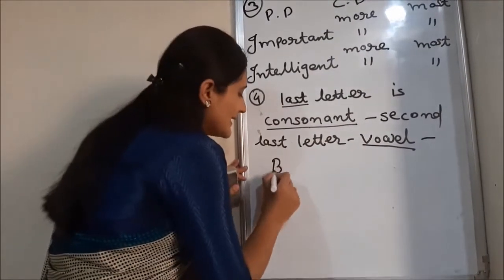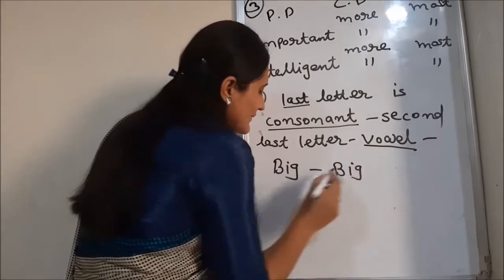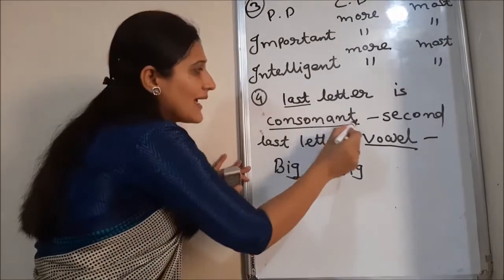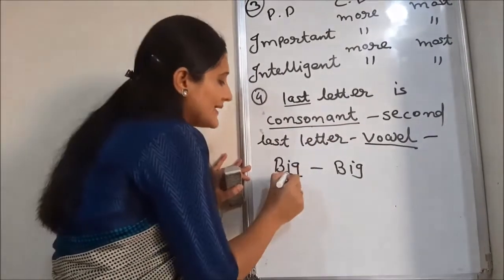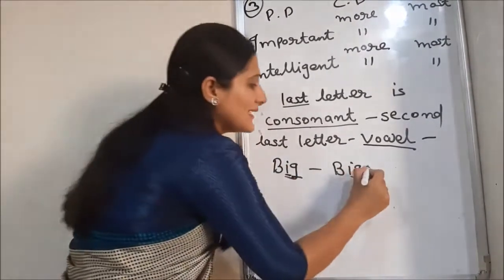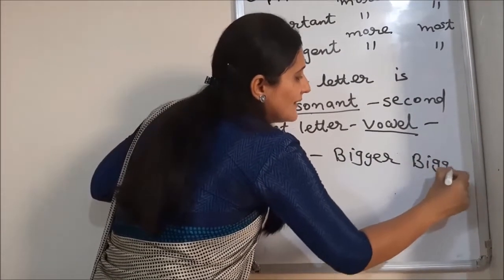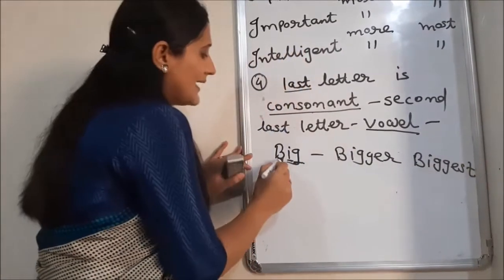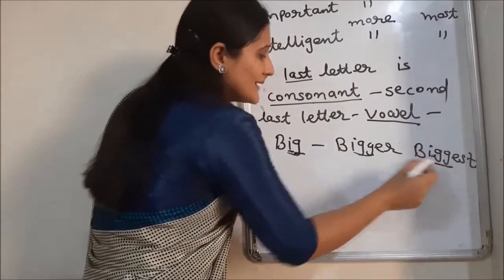For example, big in positive degree. G is a consonant and the second last is I: A, E, I, O, U, that is a vowel. So we need to double the last letter. See, bigger and biggest. You can see, right? I have written G two times.